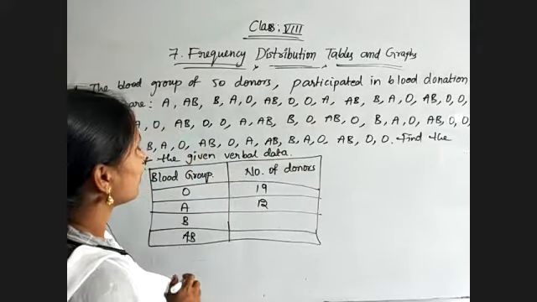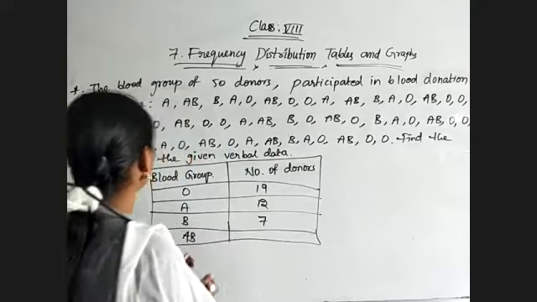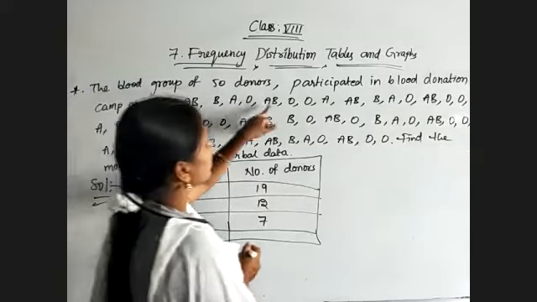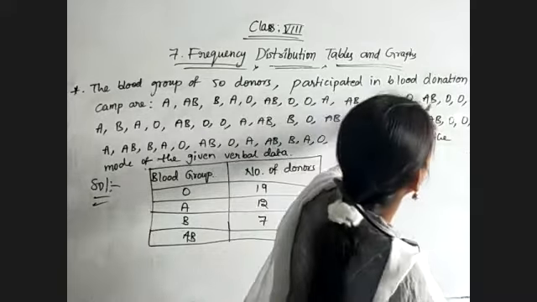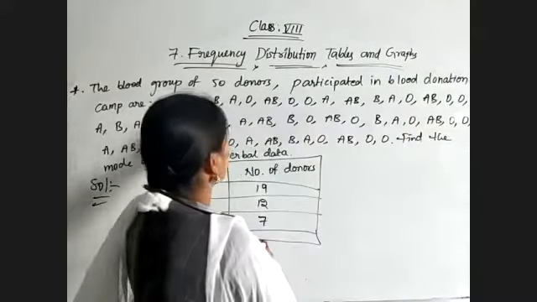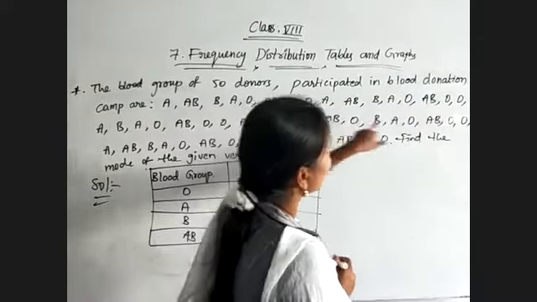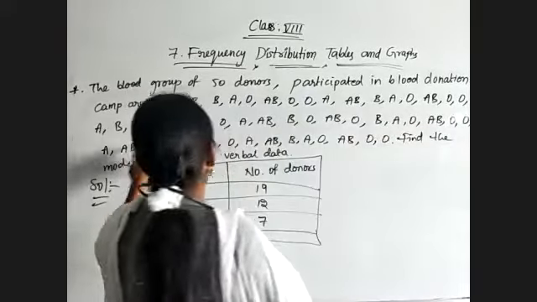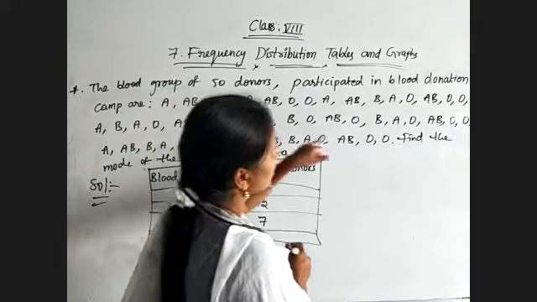Only 7. And AB we will check. One, two, three, up to twelve.